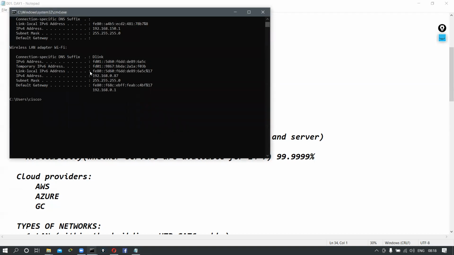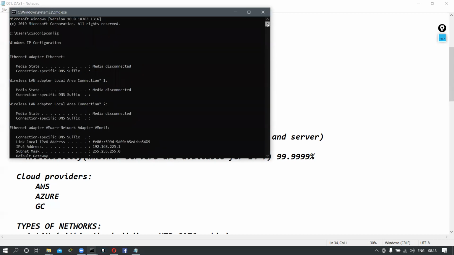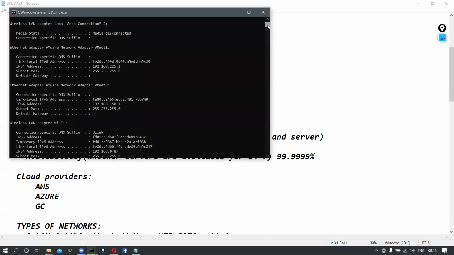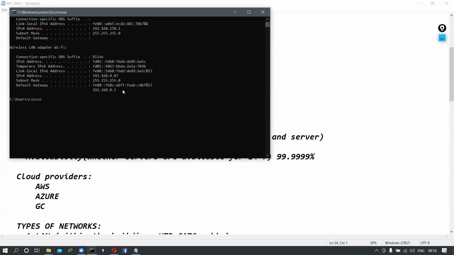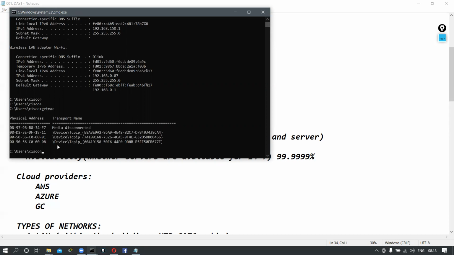This is called my IPv4. Once again, there are 12 hexadecimal numbers. Let me type getmac. See, this is my MAC address, guys.